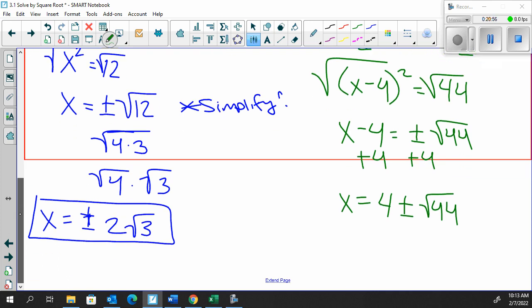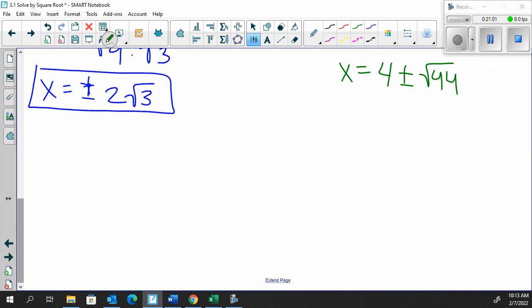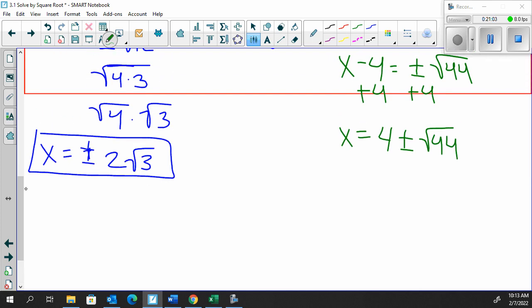All right, now let's simplify the square root of 44. We can deal with this thing now. Is there a perfect square that goes into 44? Sure, 4 and 11. Square root of 4 times 11. So what's this going to turn into?